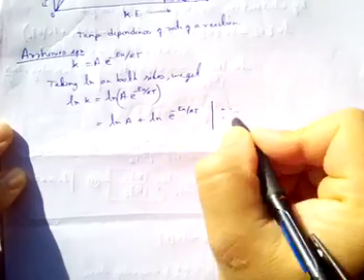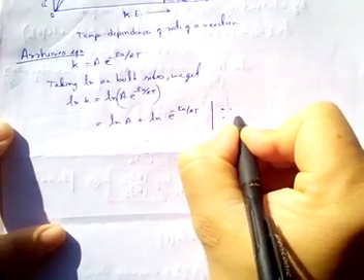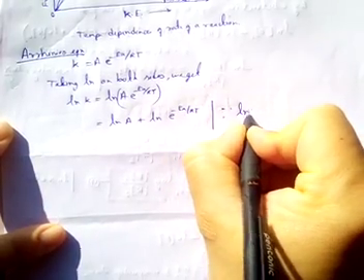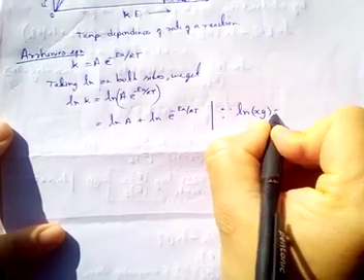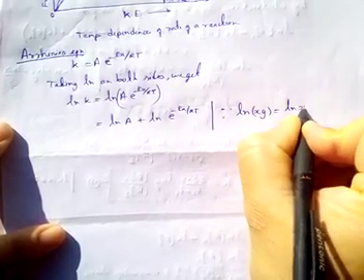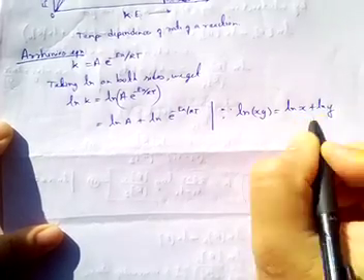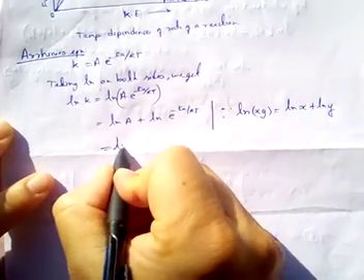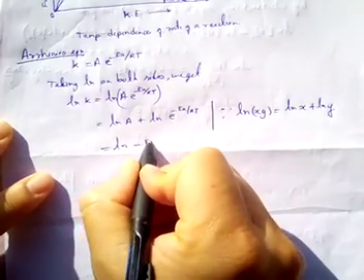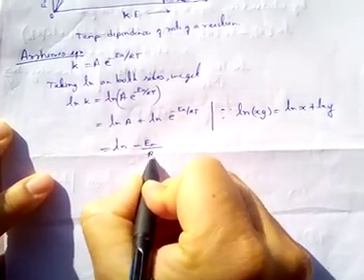We know the law that ln of x into y can be written as ln x plus ln y. This is the property of logarithm. Again, this can be written as ln A plus ln e to the power minus Ea by RT.